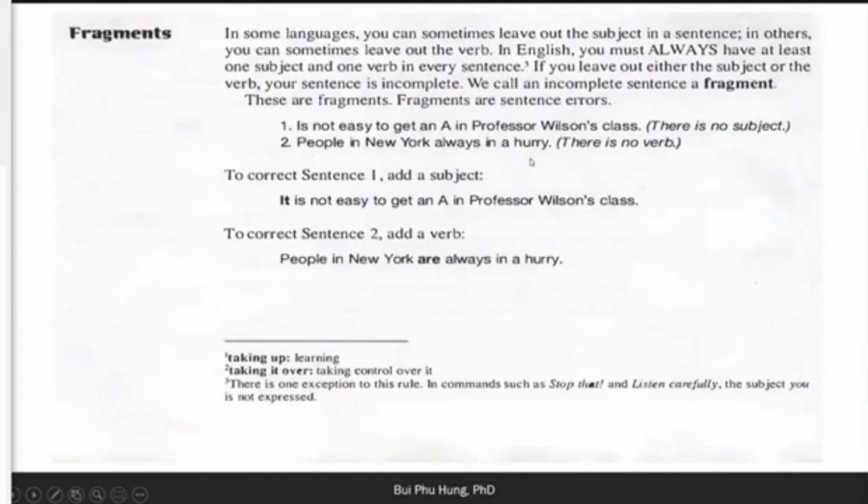So you should say that it is not easy to get an A in Professor Wilson's class, right? And people in New York are always in a hurry. Be sure that your sentence has at least one subject and one verb.